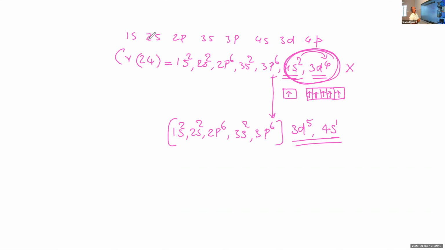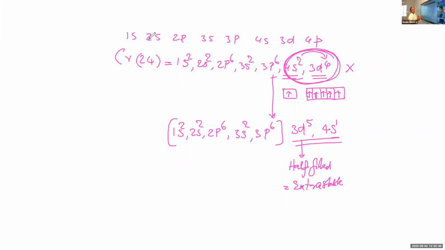If the configuration is like this, what happens? The 3d level becomes half filled. Half filled state is extra stable. It has an extra stability. So this is the actual configuration of chromium, 3d5 4s1 or 4s1 3d5.